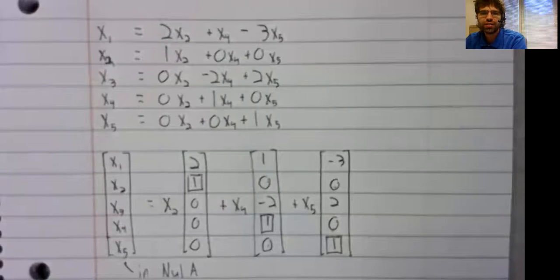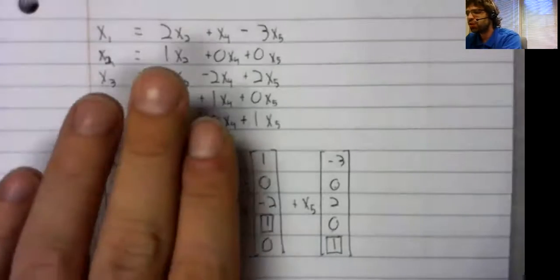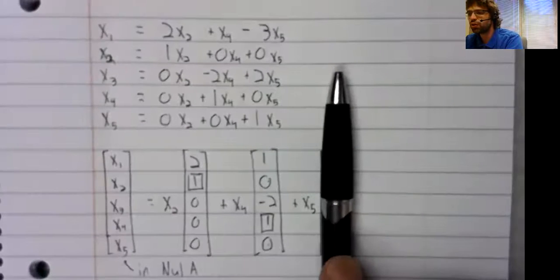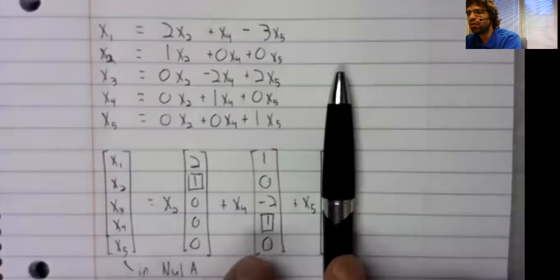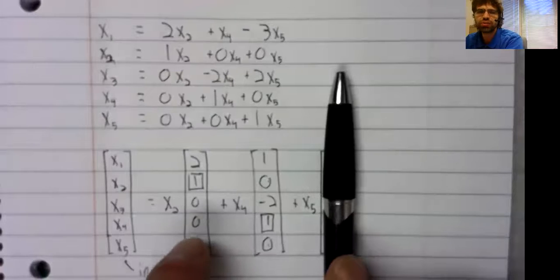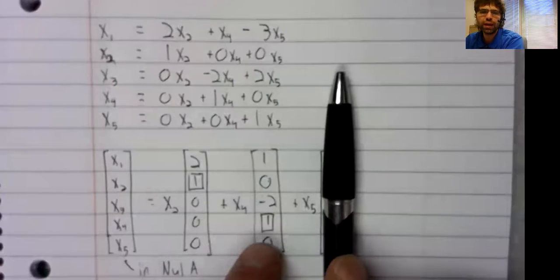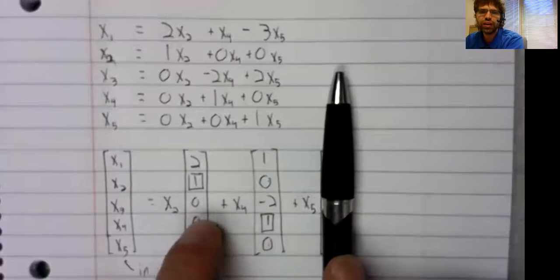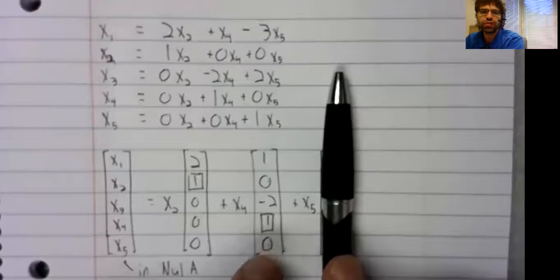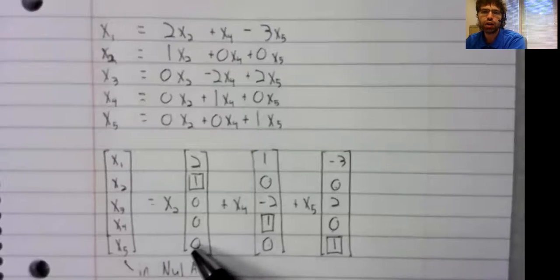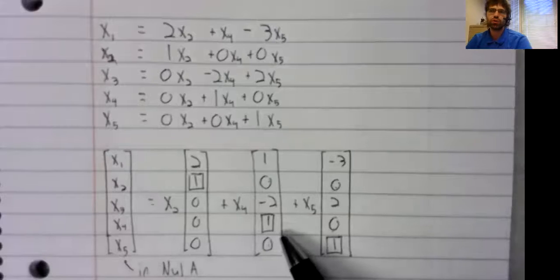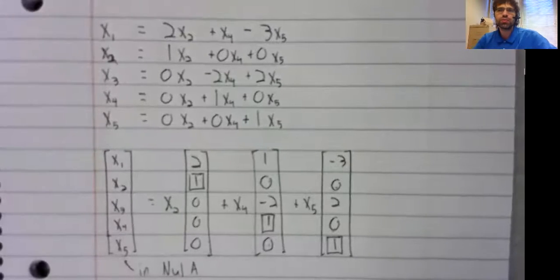And this third vector isn't a linear combination of the other two because of those 0s. Any linear combination of these has a 0 in this coordinate.